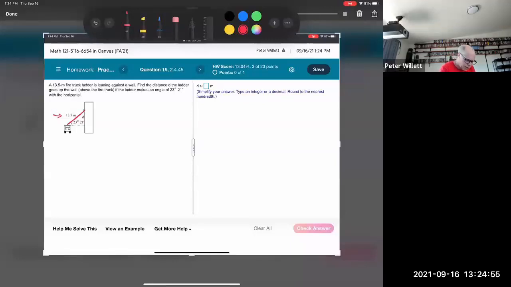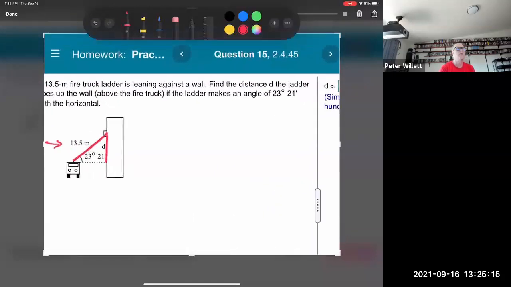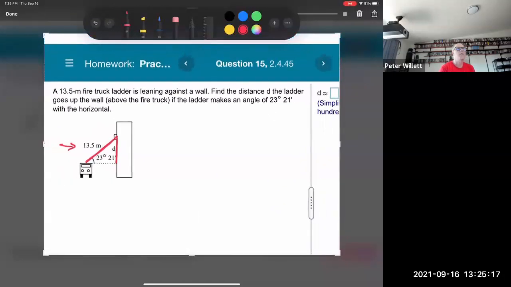So that's this distance here, and they've helped us by labeling that with a D. But we can also see that's the side of the triangle. We're supposed to find D if the ladder makes an angle of 23 degrees and 21 minutes. Let's see if I can just make this a little bigger for us. Keep the problem there.